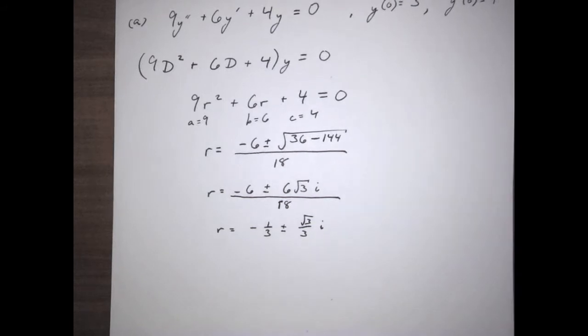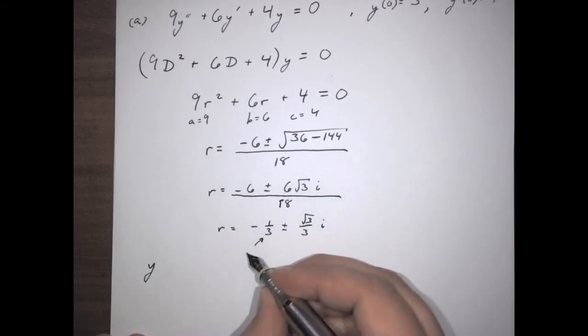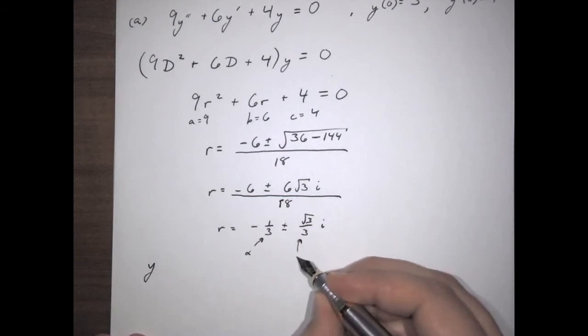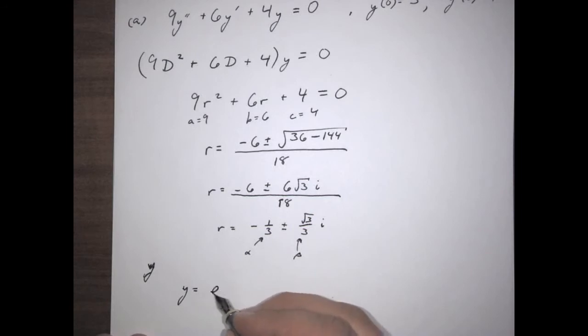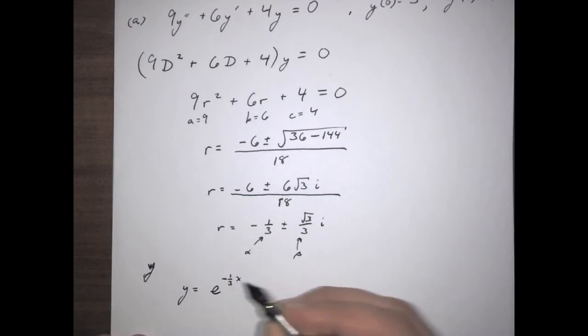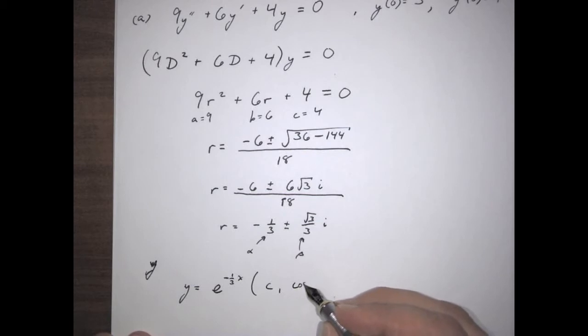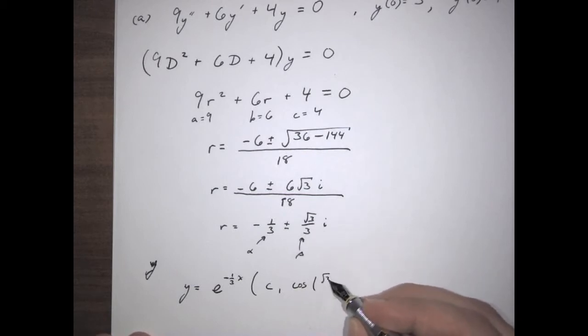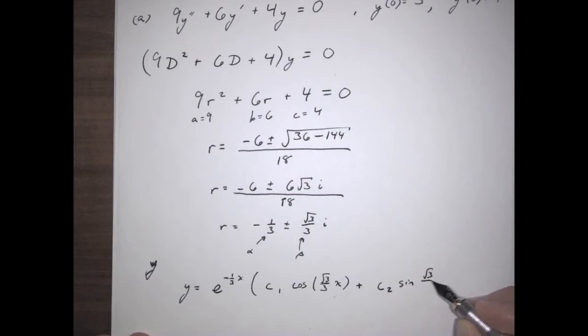And then that in turn is going to give us, as the pieces of the complex valued solutions to the characteristic equation, y equals e to the negative 1/3 x times c1 cosine root 3 over 3 x plus c2 sine root 3 over 3 x.